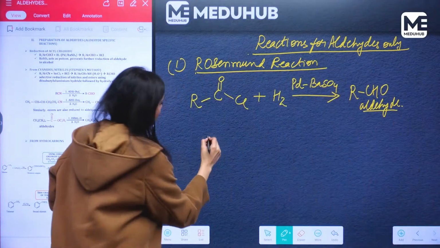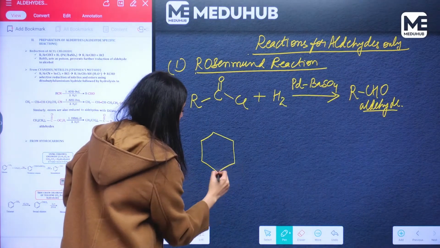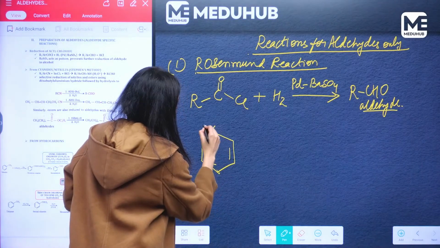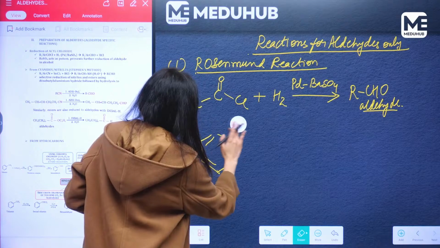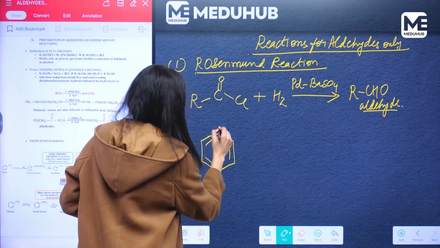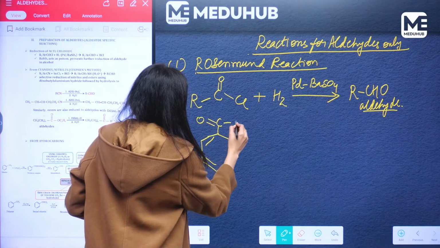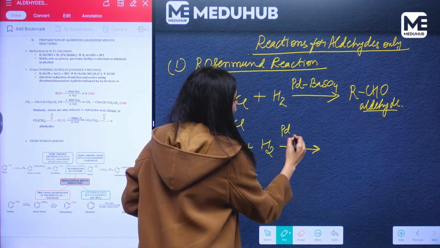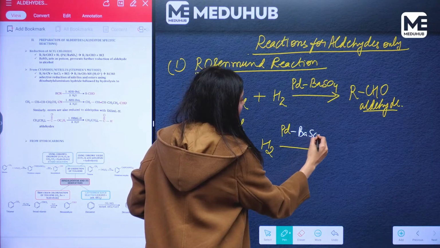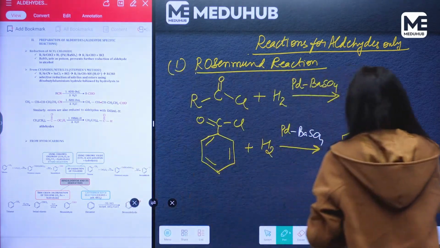Or if we have benzoyl chloride also, with hydrogen, in the presence of palladium and barium sulfate, we will get benzaldehyde as the product.